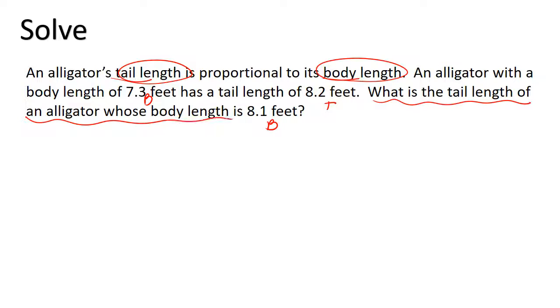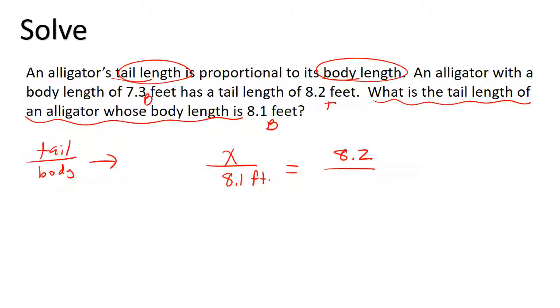We want the tail length. So we're going to set it up as tail length compared to body length. So the tail length we would not know on this new gator. The body length is 8.1 feet. Now since I put tail in the numerator, I have to put the other example tail measurement in the numerator, and it said the tail length was 8.2, and that had a body length of 7.3.